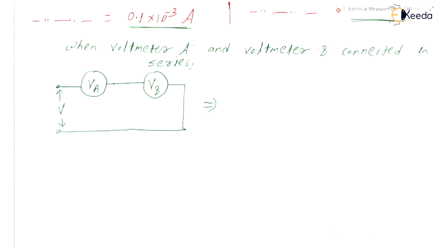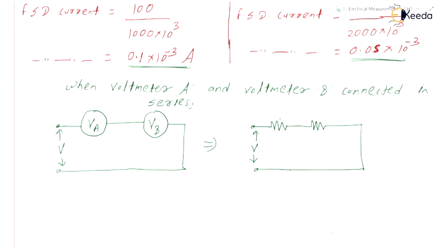Further, can we replace these two voltmeters with the equivalent resistors? Yes, like this we can replace. Again, the maximum voltage is V. Here it is RA, here it is RB.